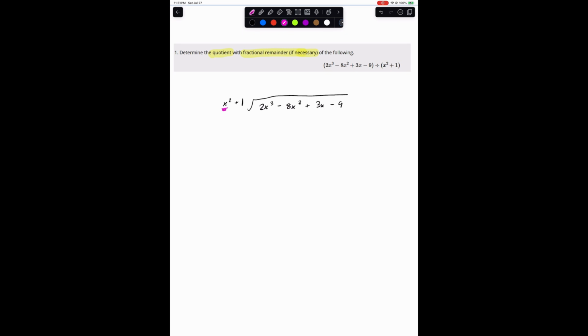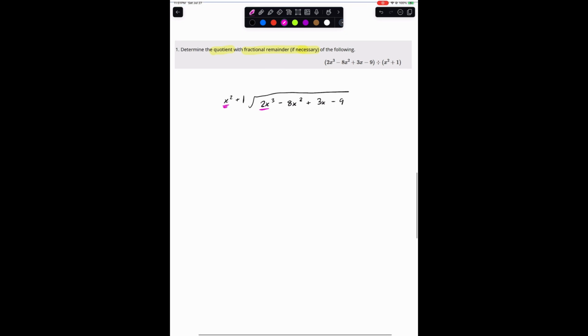So we have this 2x cubed right here. One moment. Right. So if we look at the 2x cubed divided by x squared, we would get 2x.